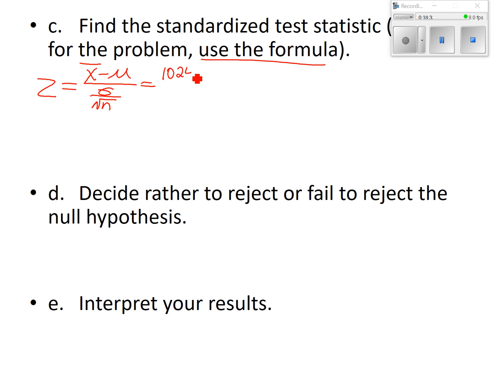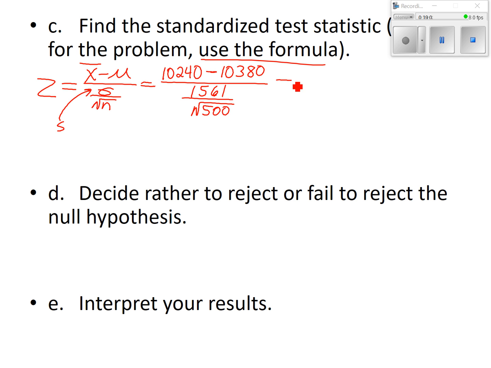That's what the sample was, right? Minus mu was 10,380, divided by sigma. They didn't tell us sigma, but they did tell us s. So that's what we're going to use here in place of sigma. We're going to use s: 1561 divided by the square root of n, which was 500.